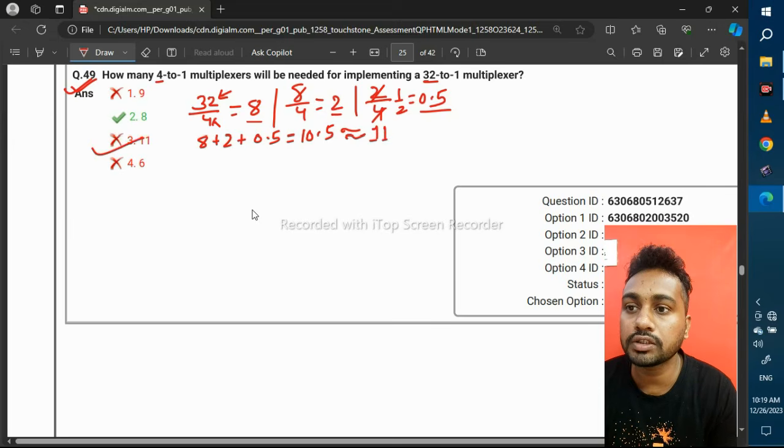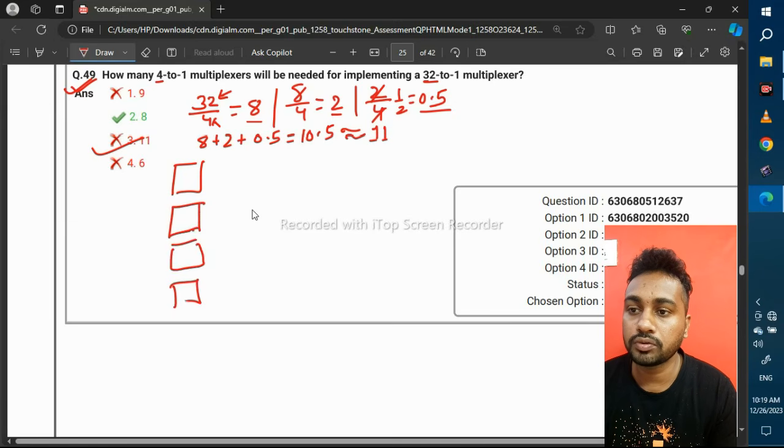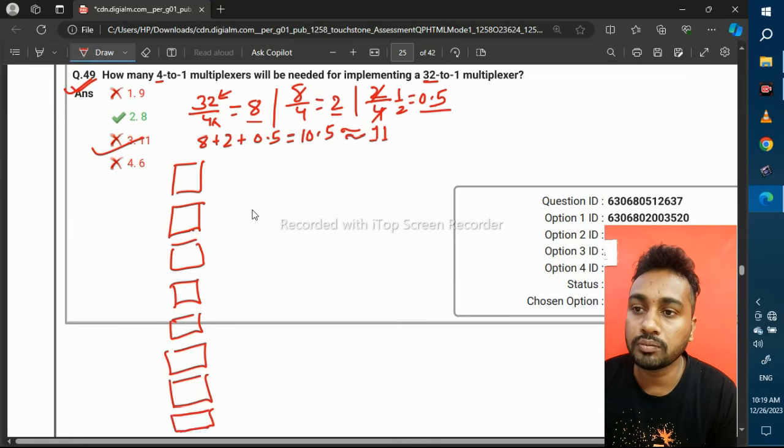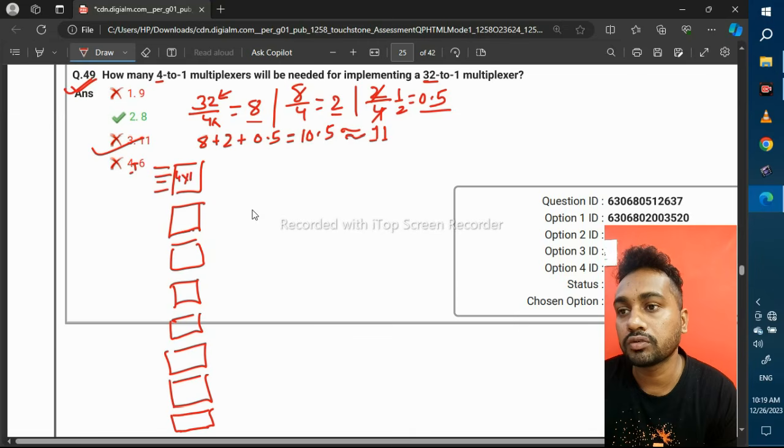If we design these things, you can also see it by designing. For 32 inputs, in the first stage we need to put 8 multiplexers: 1 2 3 4 5 6 7 and one more, this is 8. If you see the inputs, 1 2 3 4, there are 4 inputs because we are using 4 cross 1 multiplexers.